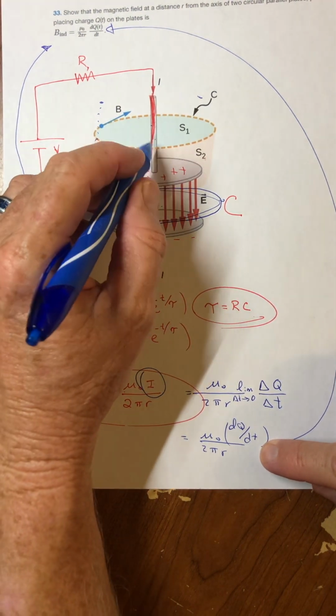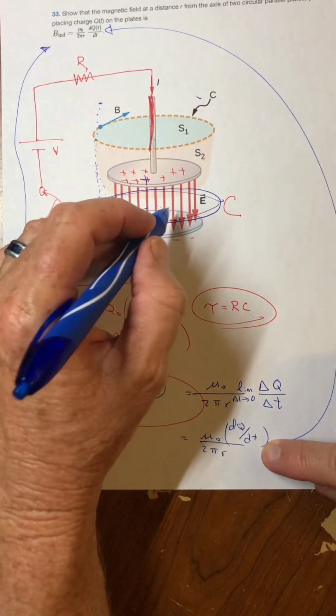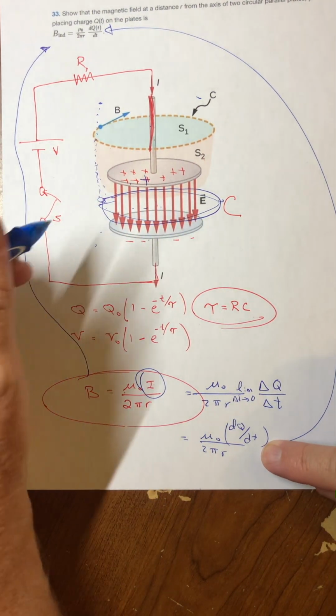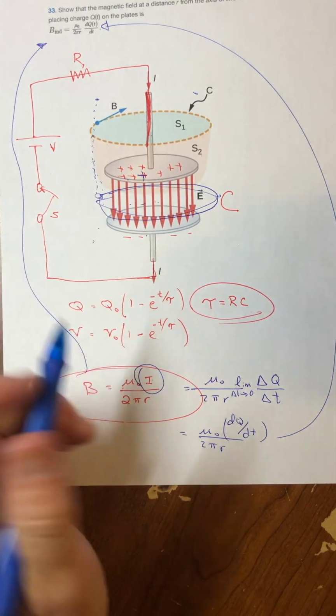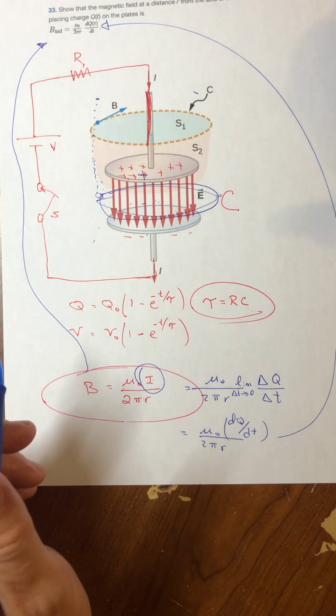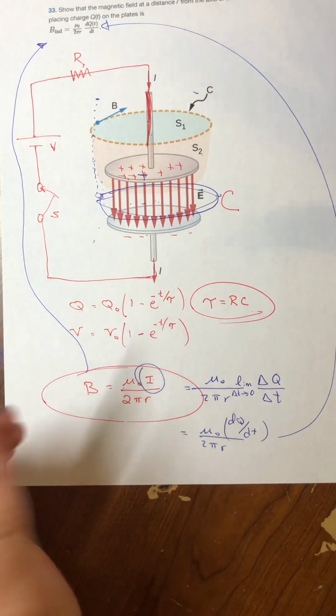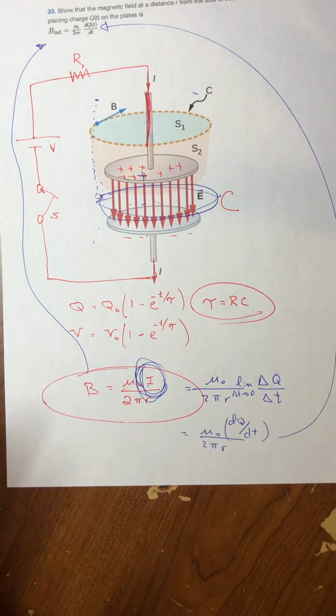What happens is a positive builds up and then chases a negative away through this electric field. But there still is a flow, or a changing of charge. So that's really what they're asking you to do, just change this I into a dq dt.